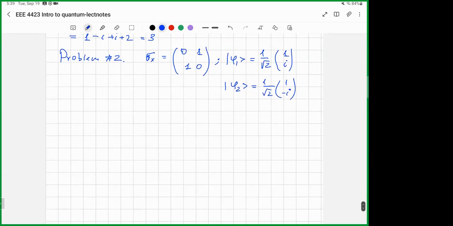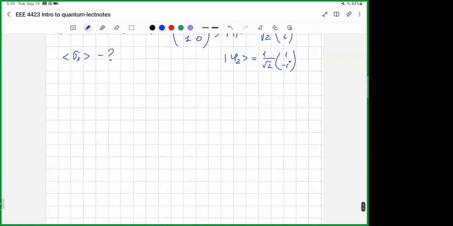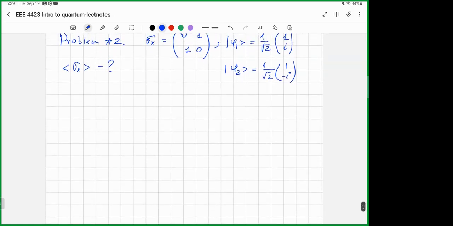Okay, so the problem is to find the expectation value for this operator sigma x. In this case we have two states, and all expectation values can be written as a matrix of the following form. I can take first state and first state, so it's going to be first state sigma x first state.